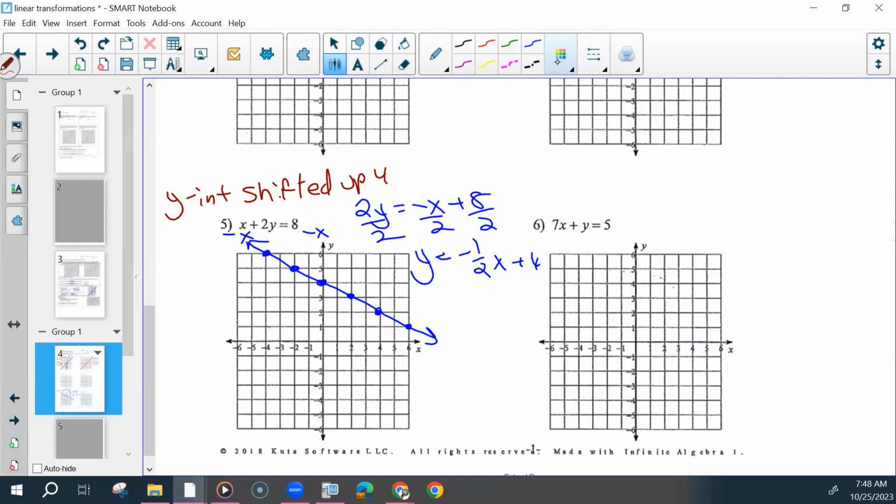Because it's a fraction, the slope is less steep, by 1/2. Did anything else happen? Yeah, it reflected because of the negative. Questions on that one before we do number 6?